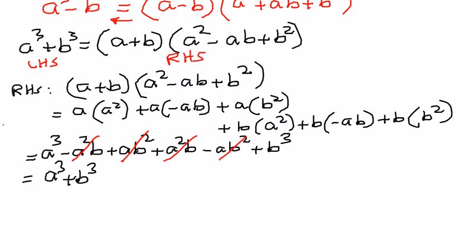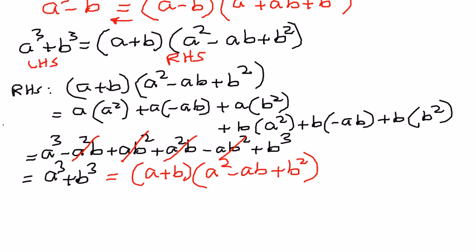Therefore, the expansion for a cubed plus b cubed is a plus b times a squared minus ab plus b squared, is true. Therefore, we can use this formula when we have situations of this form. So we verified the sum of two cubes.